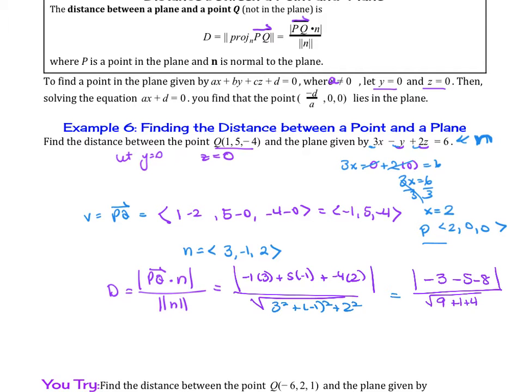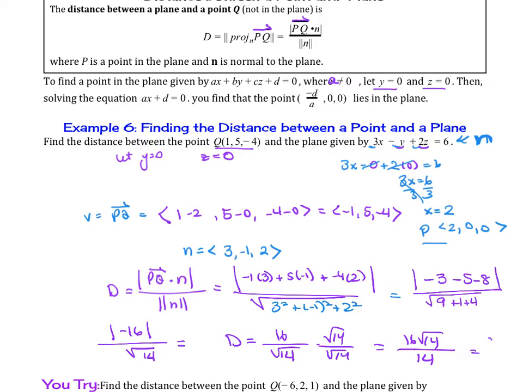The top is 8 plus 8 is 16, so the absolute value of negative 16 over the square root of 14. And so the distance is just 16 over the square root of 14. Of course, you could rationalize the denominator and reduce as well. Okay, so that is the distance.